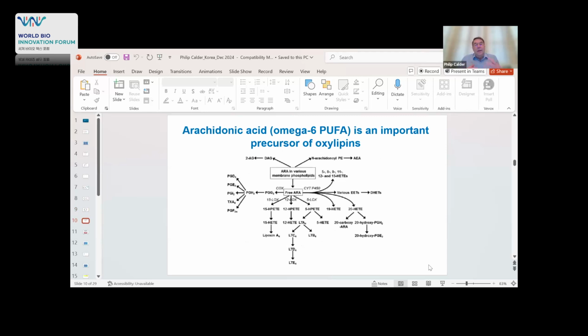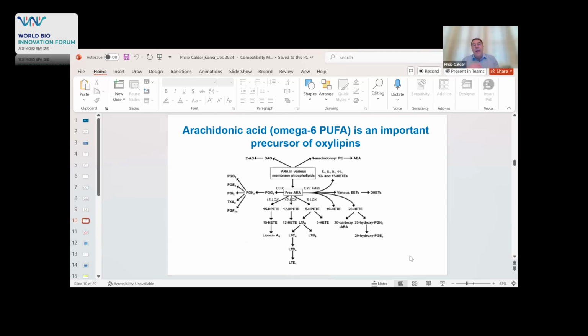So the key link, at least initially, is the recognition that the omega-6 fatty acid, arachidonic acid, is a precursor of important lipid mediators called oxylipins that are involved in inflammation. These include the prostaglandins and leukotrienes.